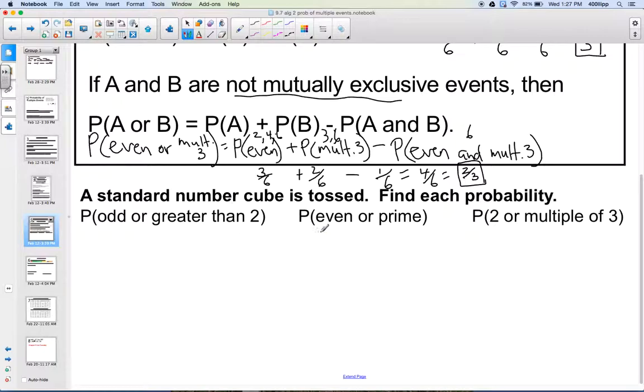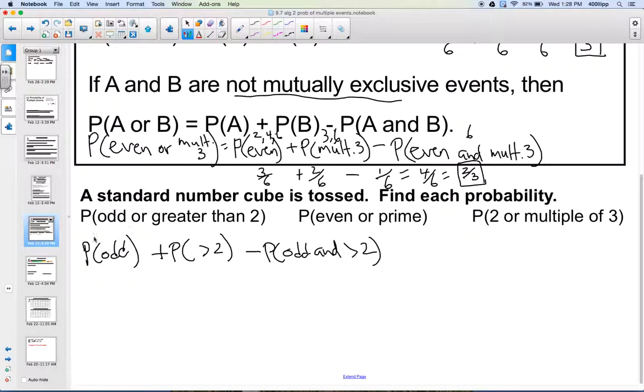We can, because 3 and 5 are both odd and greater than 2. So it's not mutually exclusive events, and we're using this formula here. We're going to say the probability of getting an odd plus the probability of getting a number greater than 2 minus when it's odd and greater than 2.